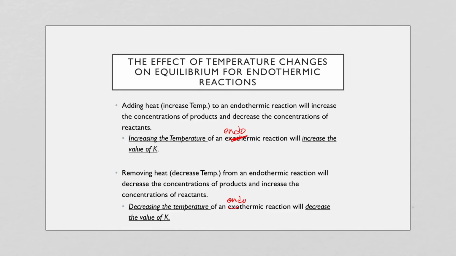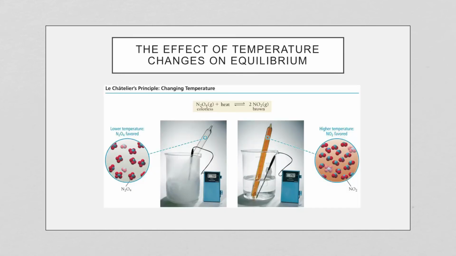Now, we can illustrate this idea by oscillating a reaction. So let's look at this reaction we've been looking at, the equilibrium between N2O4 and NO2. This is an endothermic reaction, so we can see we've written heat as a reactant.